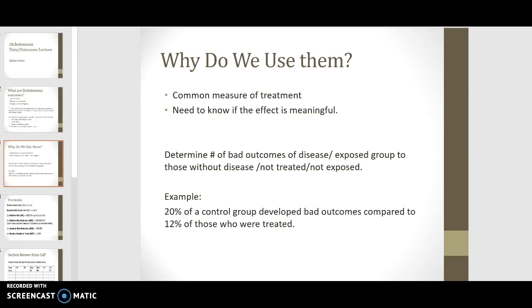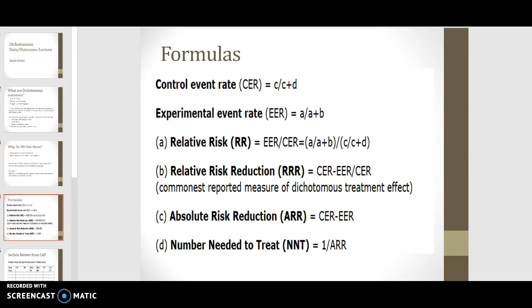We're going to come back to that example at the very end, but first, let's take a look at the formulas that we use. Some of this you've seen as far as control and experimental, and you've seen the abbreviations for the effect measures: relative risk reduction, absolute risk reduction, and the number needed to treat. Okay, but let's quickly go over what those definitions mean.